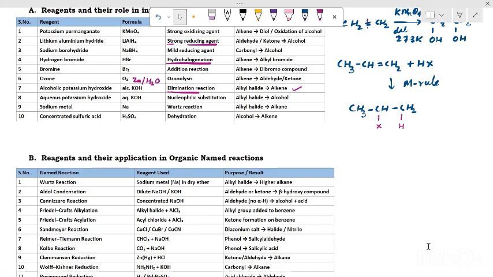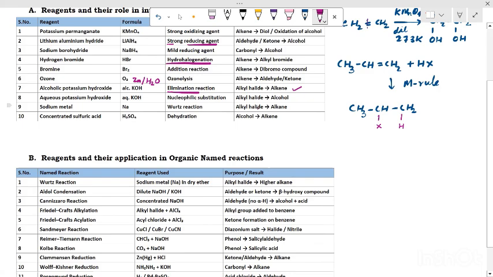Sodium metal, if we take, so mechanism goes with the free radical alkyl halides in presence of sodium in dry ether, we get alkane. Mechanism is free radical substitution reaction, right?